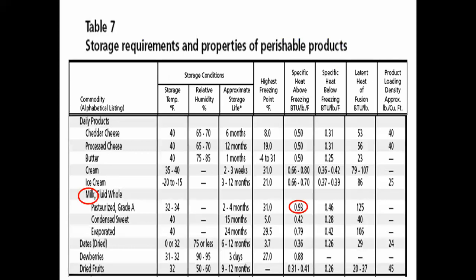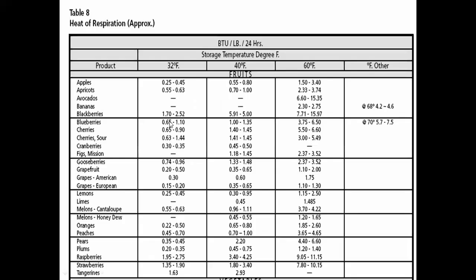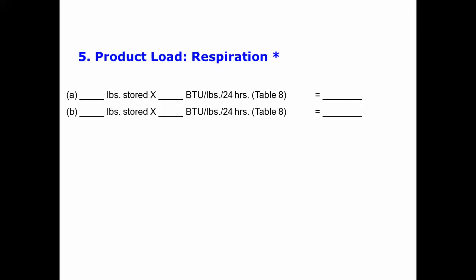Okay, this 0.93, right? Now coming to the product load, respiration. Here we don't want to take this respiration into account, okay? Because I have already said that the respiration load takes place in fruits and vegetables, because fruits and vegetables are a live thing.